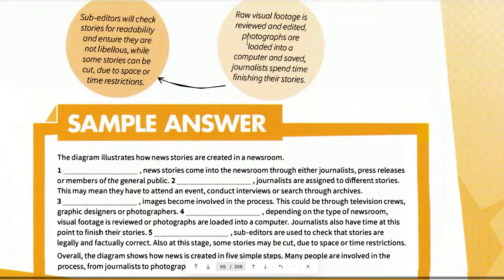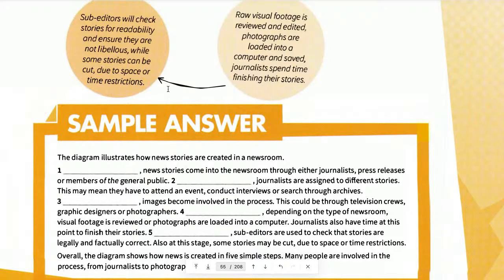From the diagram we have photographs are loaded into a computer. They use exactly the same thing. It's not that good, but it's okay, acceptable for a sample answer. And then journalists also have time at this point to finish their stories. It's similar to journalists spend time finishing their stories. Look almost the same.